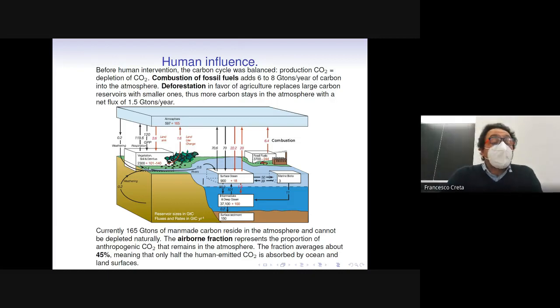So is this bad or good? This is very bad, clearly, because what we've done is misplaced literally gigatons of carbon from their reservoirs back to the gaseous state, CO2. And CO2 is a greenhouse gas, so it will trap most of the heat.